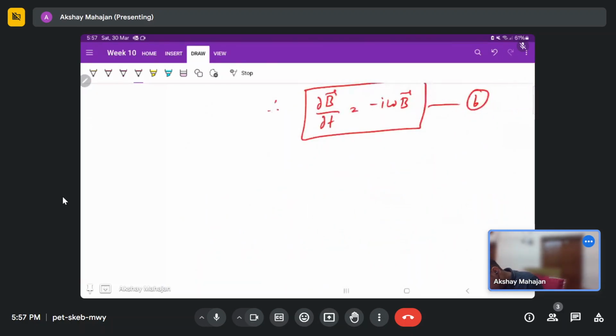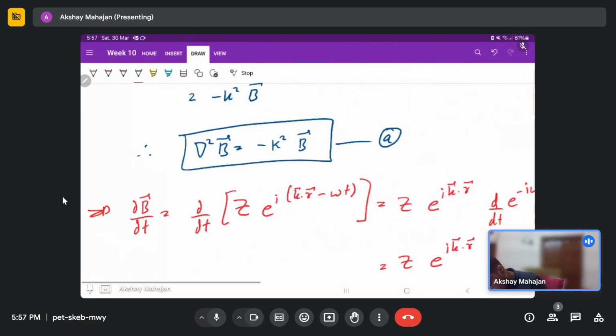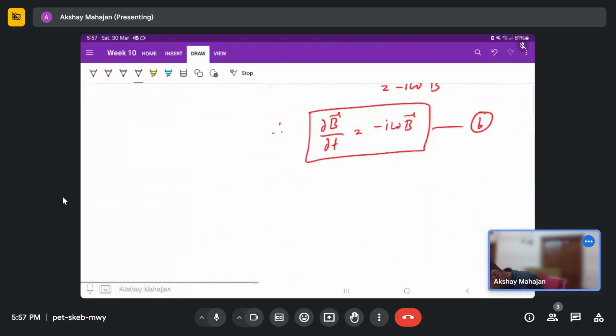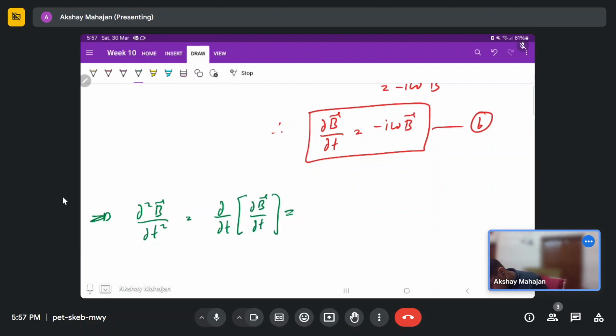Then similarly we can find del square b by del t square also now. So del square b by del t square, we already have del b vector by del t, so that is equal to del by del t of minus iota omega b vector.